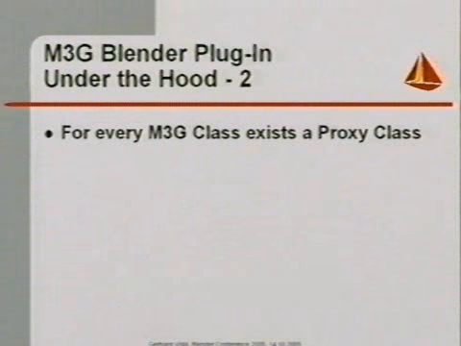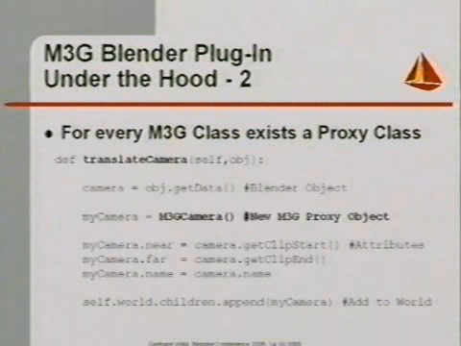This class has the same properties as the class in Java. So I can say, okay, I have a camera in Blender, and I make a new M3G camera. And I can generate it, and I can set the attributes I need.